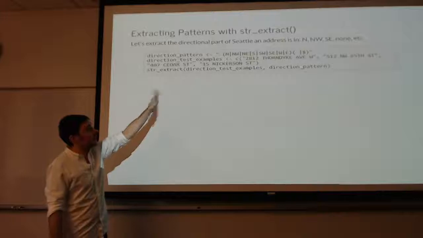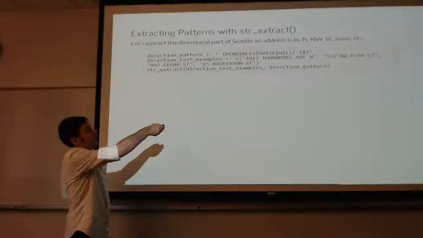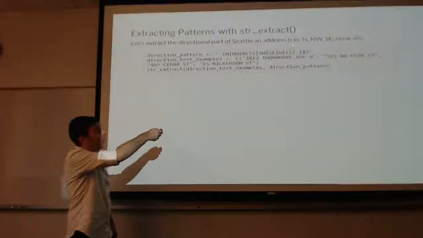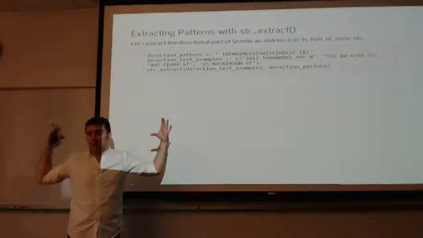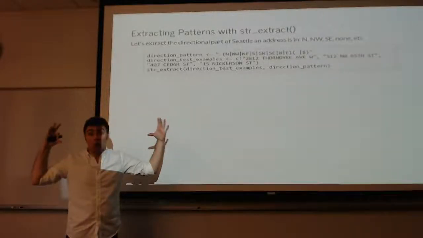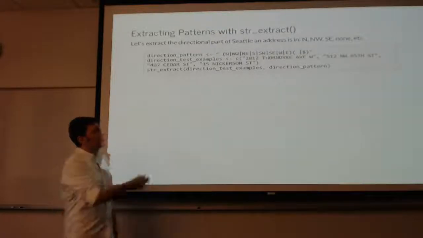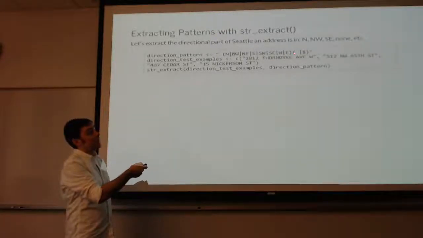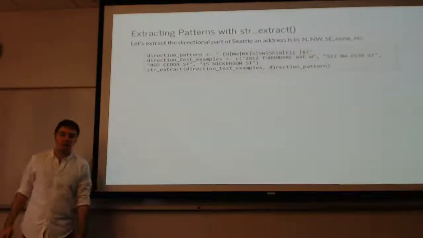So space. Then I want any one of these directionals: north, northwest, northeast, south, southwest, southeast, west, east. These parentheses contain that or-expression, saying any one of those things, followed by either a space or a $ sign. The $ sign is the meta character signifying the end of the string.